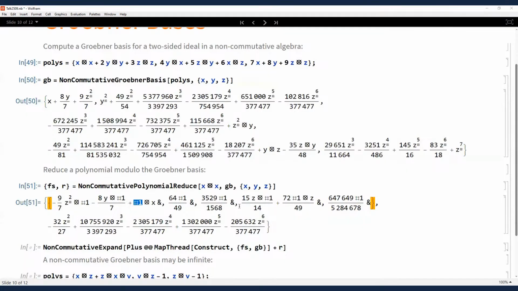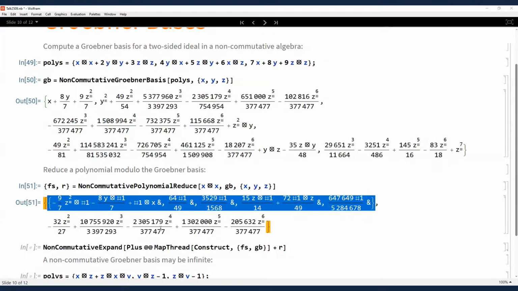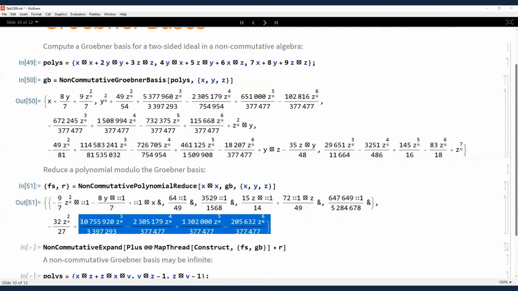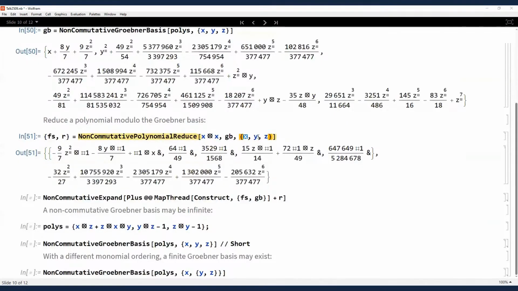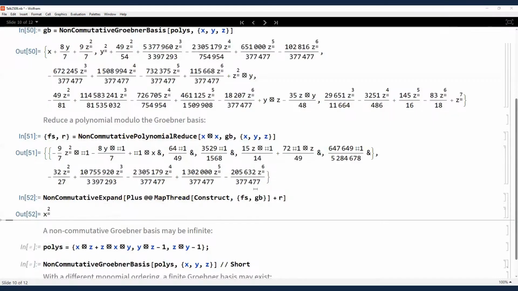We cannot pull the variable out. And so we get the coefficient linear functions and the reduced result, where we eliminated, in this case, the first two variables. And here's how we get the original polynomial. We apply the linear functions to the Gröbner basis elements and add the remainder. And indeed, we get the original polynomial, x times x.